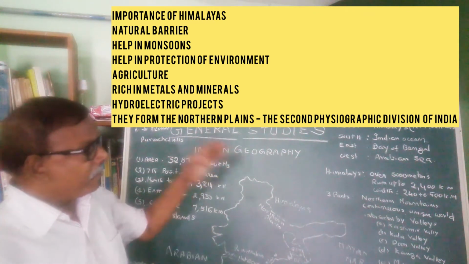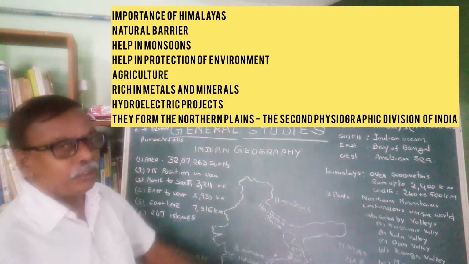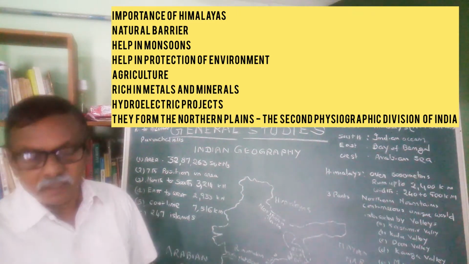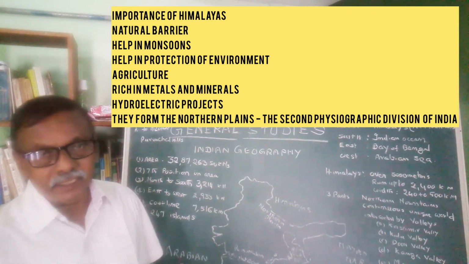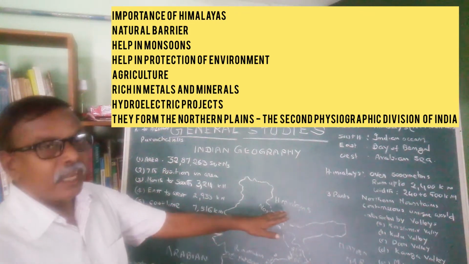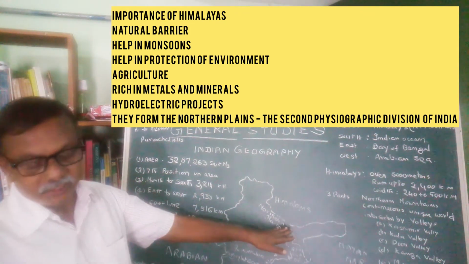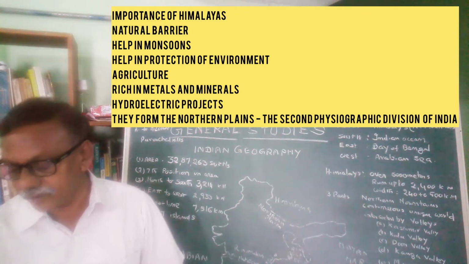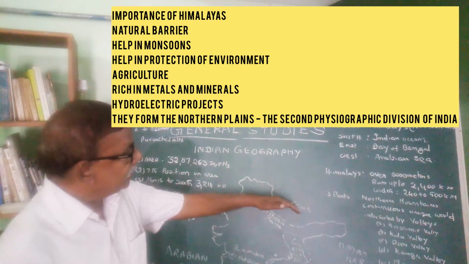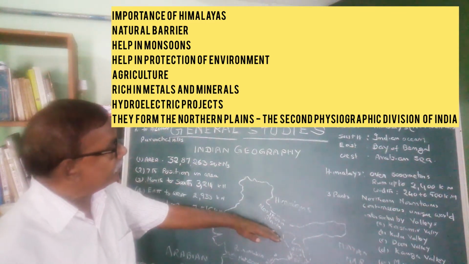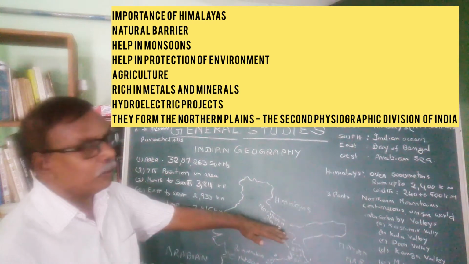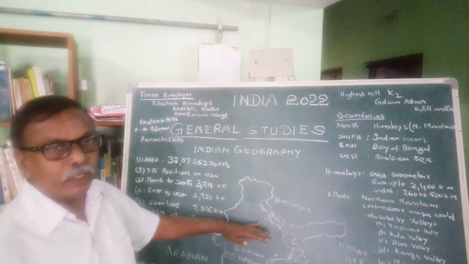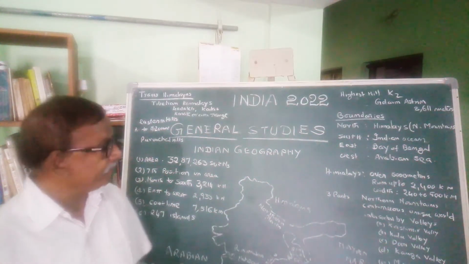There are a number of hydroelectric projects situated in these Himalayas, and agricultural activity is done with the help of these hydroelectric projects. And finally, they form in the southern part the northern plains, the second physiographic division of India.